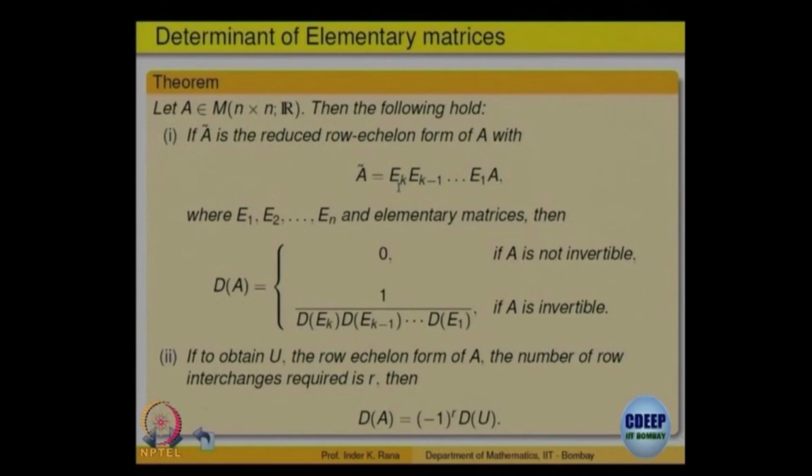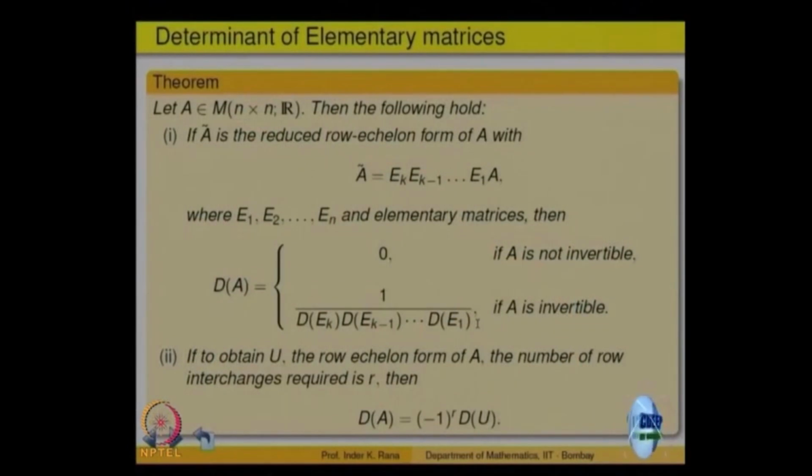If r interchanges are required, then it will give you minus 1 to the power r. That precisely says, if to obtain the row echelon form the number of row interchanges required is r, then the determinant should be minus 1 to the power r times the determinant of the original one, because each one is going to give you a minus sign.